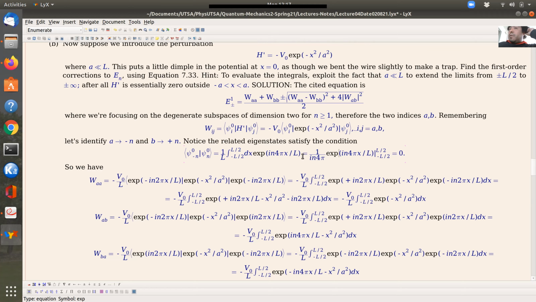And then you have the exponential because integrated gives itself times some constants, and then evaluated at L over 2 minus L over 2. But the thing is, you have a periodic function. Basically, when you plug in plus minus L over 2, you'll basically have i n 2 pi, and then each one of the terms will die out. So the good thing is that these are orthogonal, much in the same way that we assumed at the beginning of the lecture.